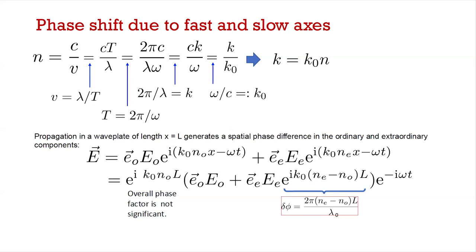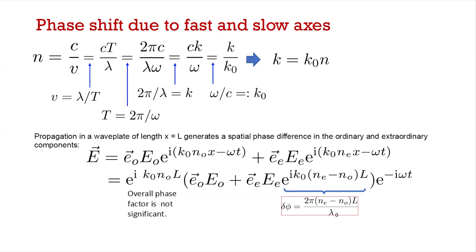And the refractive index is also then given by a change of the wave number, k to k0. So if you substitute this k to k0 into the complex representation of the electric field, and just factor out a global phase, an overall phase, which is not important, you will see that one component, relative to the extraordinary and ordinary axis, has a phase shift, okay, as it transmits through the calcite or quartz.